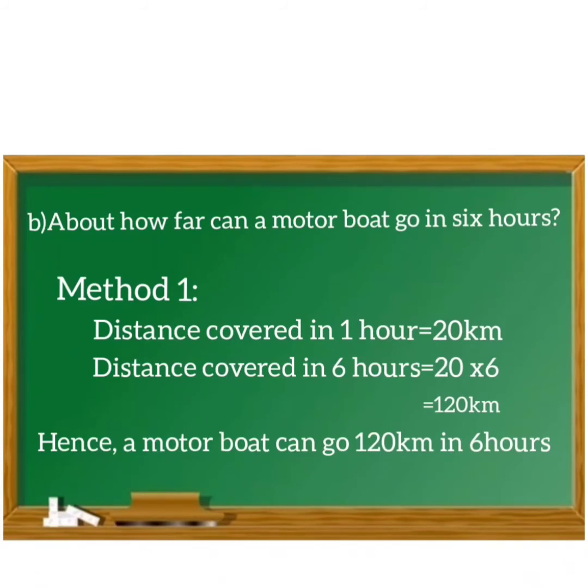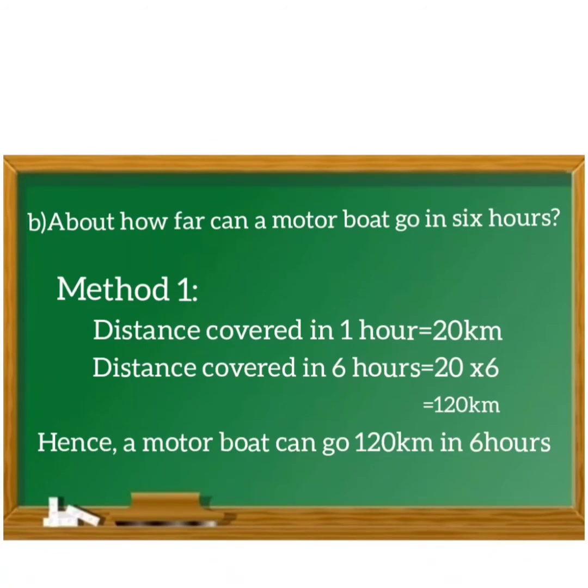Method number 1, distance covered in 1 hour is given. Distance covered in 1 hour is equal to 20 kilometer. So, distance covered in 6 hours is equal to 20 multiplied by 6. That is 120 kilometer. Hence, a motorboat can go 120 kilometer in 6 hours.